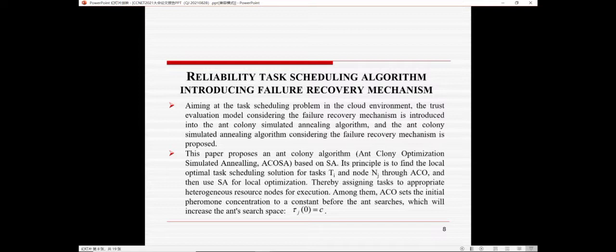Among them, ACO sets the initial pheromone concentration to a constant before the ant searches, which will increase the ant search space, as in this formula.